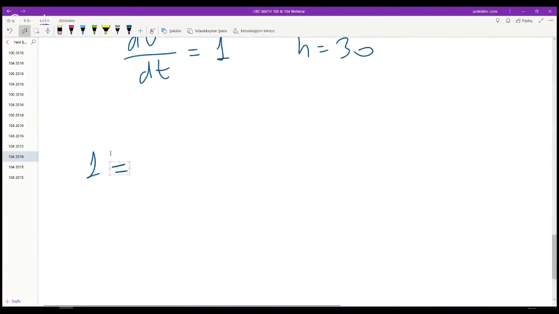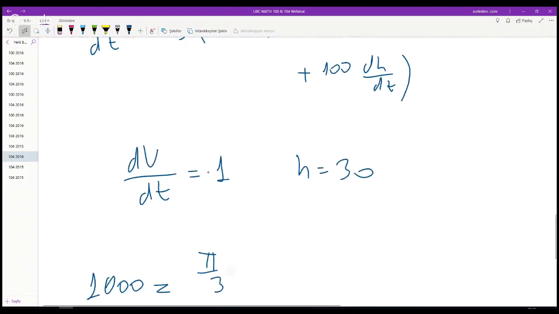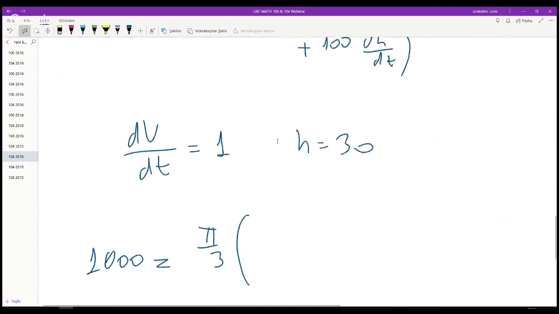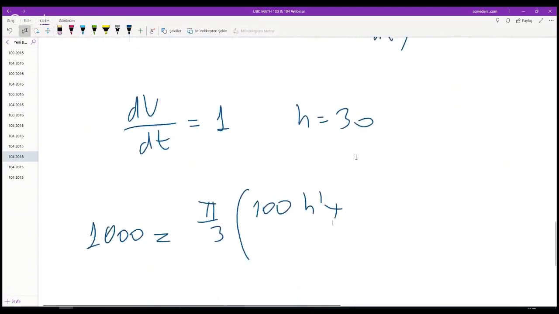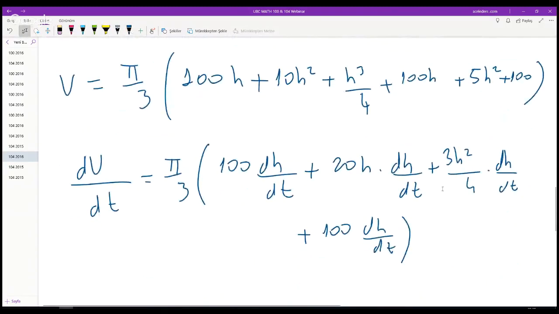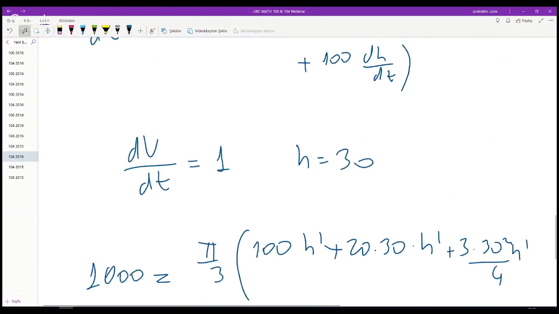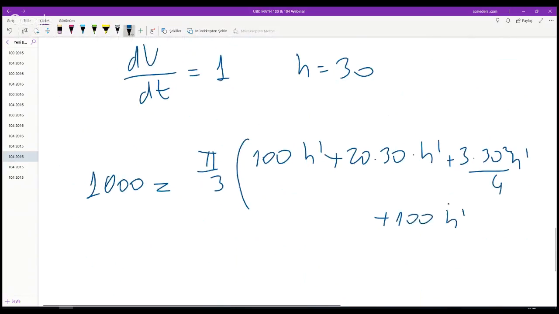So 1,000 equals pi over 3 times, just replace, 100 h prime plus 20 times 30 times h prime, and then plus 3 times 30 squared over 4 h prime, and finally 100 h prime.